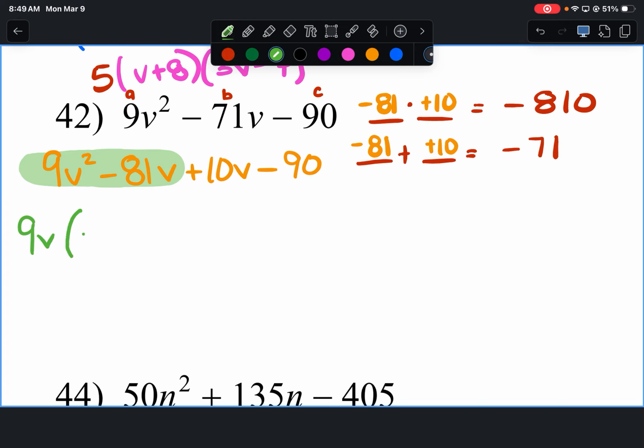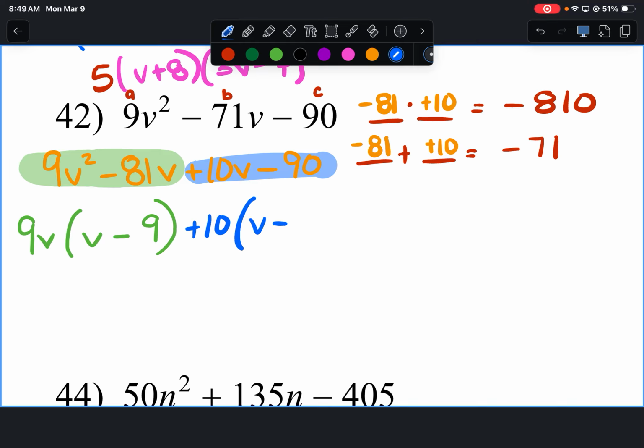Which leaves us with v minus 9. For the second half of this, what is their greatest common factor? 10. Which would leave us with v minus 9. What part is the same? V minus 9. What part's left over? 9v plus 10.